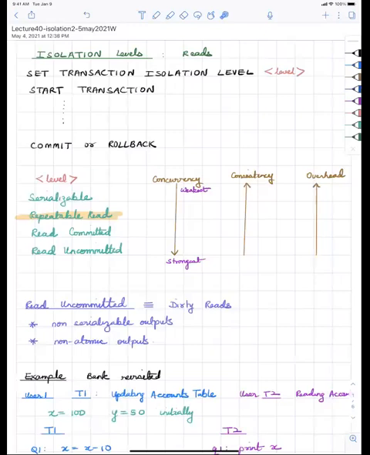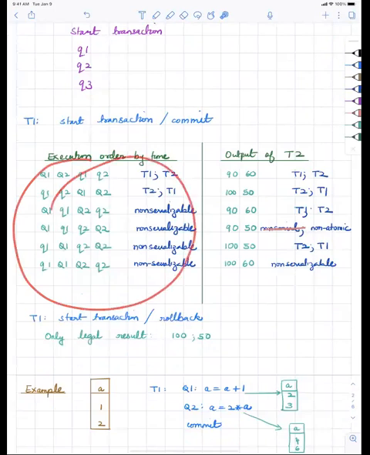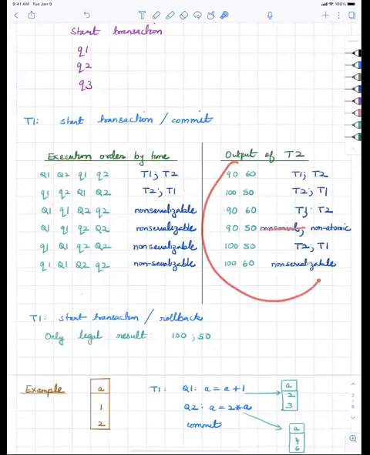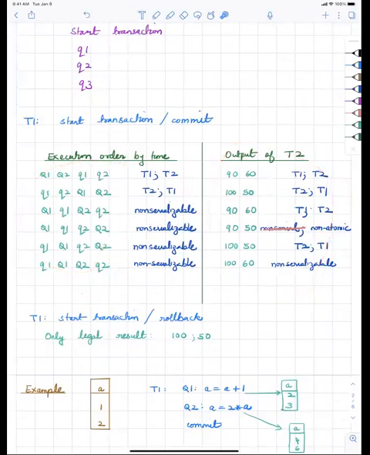I'm not talking about the execution. Like I've always been telling you, execution can be interleaved. That's what I showed out here. The execution can always be interleaved, but it's about the output that you look at. So in repeatable read, the execution can be interleaved, but the output will always look serializable and it will always look atomic. So it's wonderful.